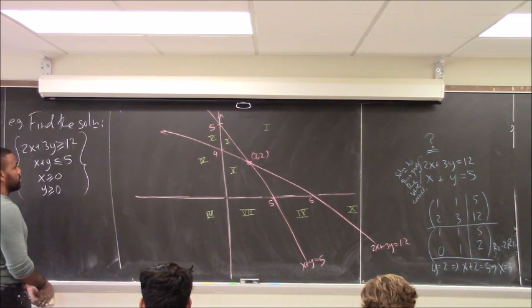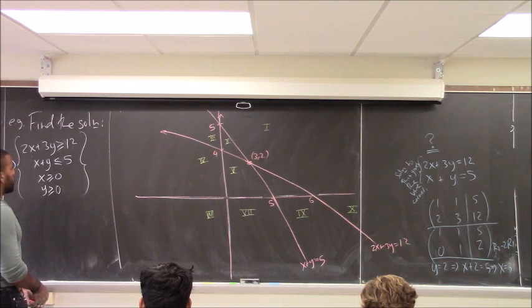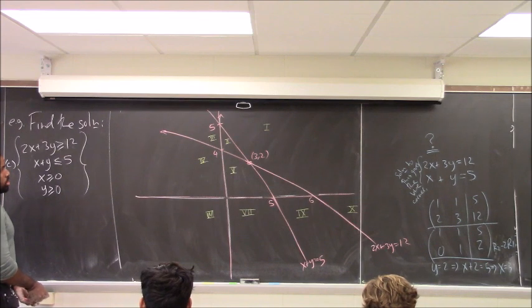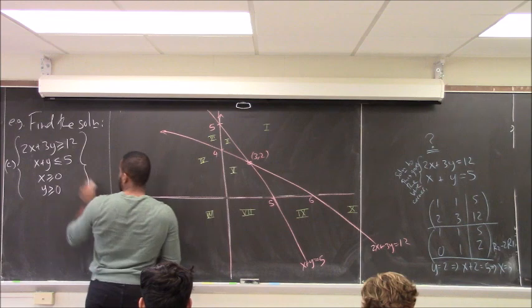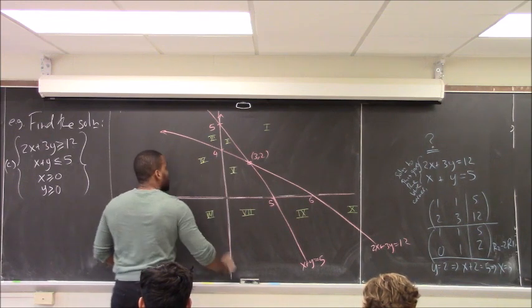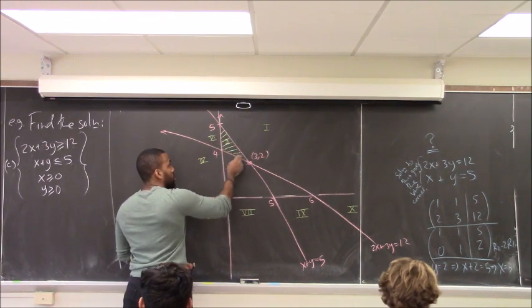What's the region here? I think it's 2. So I want it to be above this line here, but at the same time less than this line here. Yeah, 2. It's going to be this region right here.